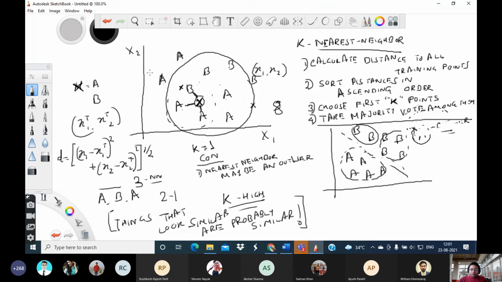Now if you consider a large value of k, where you are considering lots of examples, then the initial assumption that things that look similar is getting lost, because among these 8 examples which we are considering, some of them may be quite far away from the testing point, in which case we may not be able to say that they look similar to the testing point.